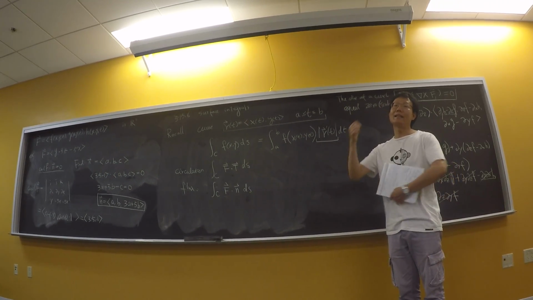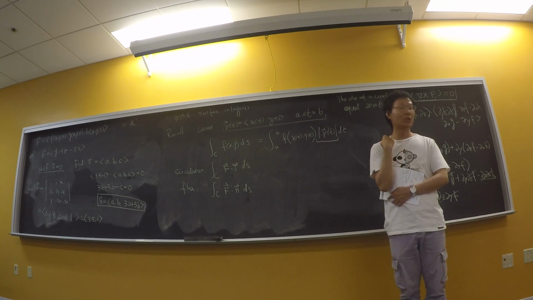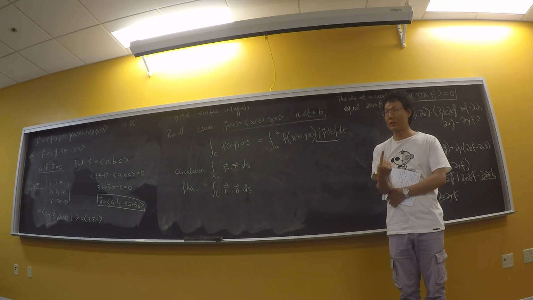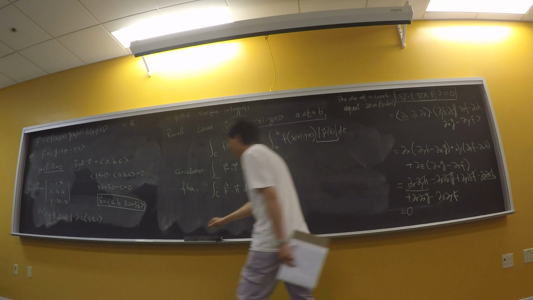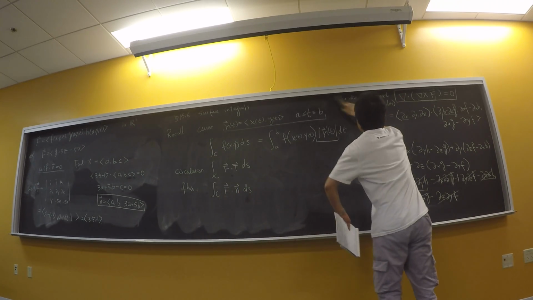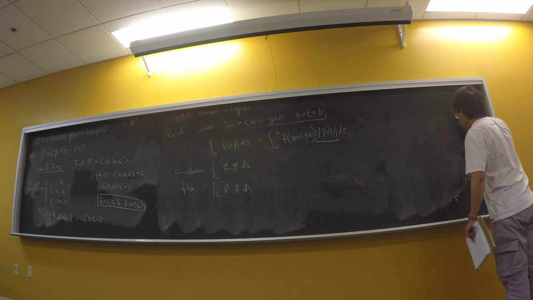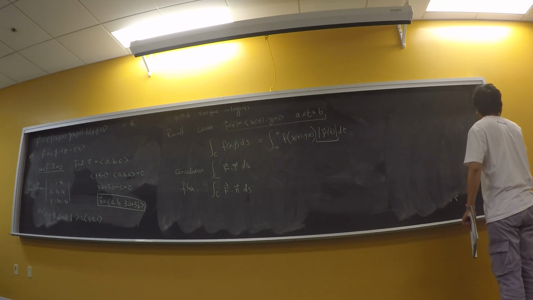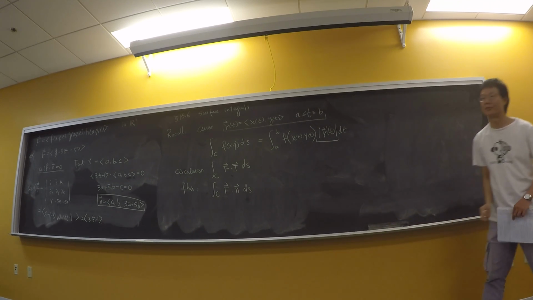Because a curve is essentially a one-dimensional object, you only have one parameter. If you want to parameterize a surface, you need two parameters to describe it. That's the main difficulty in generalizing from a line integral to a surface integral: finding the parametric equations for a given surface.